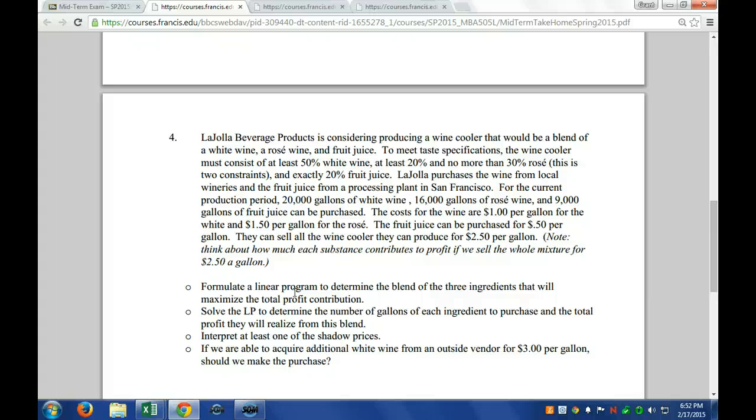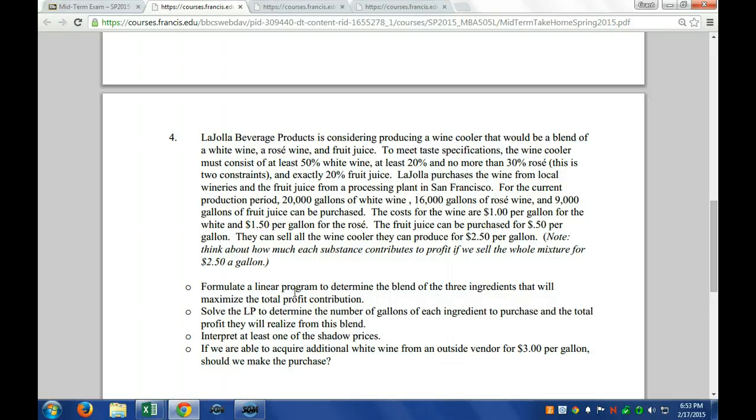In that, there may be 10,000 gallons of fruit juice. Let's say fruit juice costs us 50 cents per gallon.